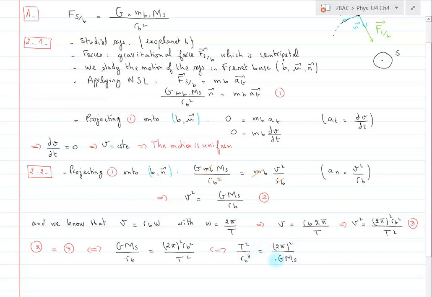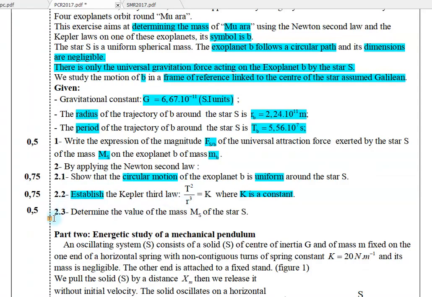G is a constant, m_S is a constant, and 4 pi squared is a constant. So this is equal to k, a constant. By now, we have proven that this expression is constant.